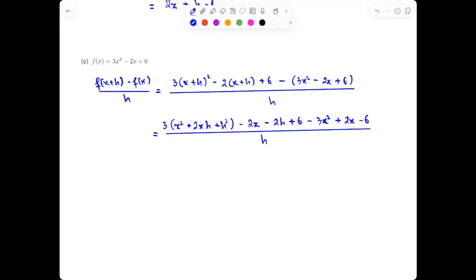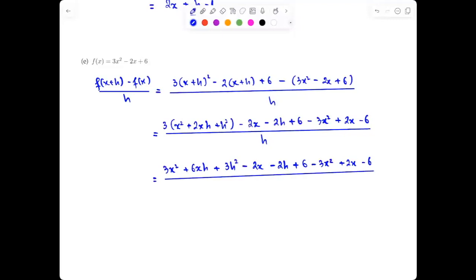All right, so now next step, I will distribute 3 into the parentheses. And I got 3x squared plus 6xh plus 3h squared minus 2x minus 2h plus 6 minus 3x squared plus 2x minus 6, altogether divided by h.